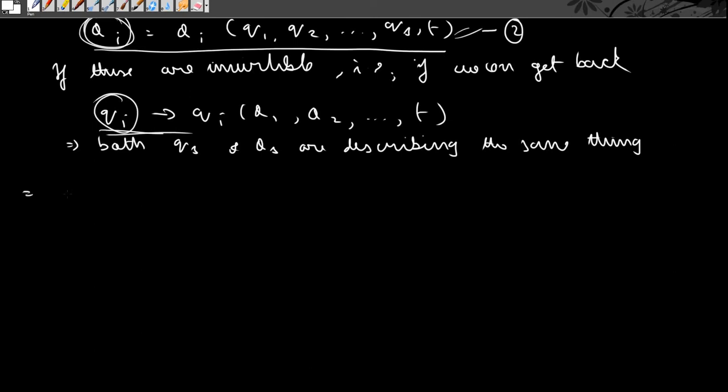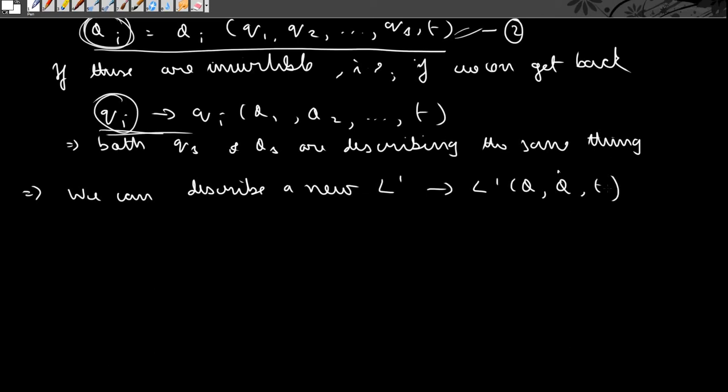So this implies that since both of these represent the same system, we should be able to describe a Lagrangian which depends on the new set of coordinates. So this implies we can describe a new Lagrangian L dash, which is a function of the new coordinates q, q dot and t, where we define q dot as dq by dt.